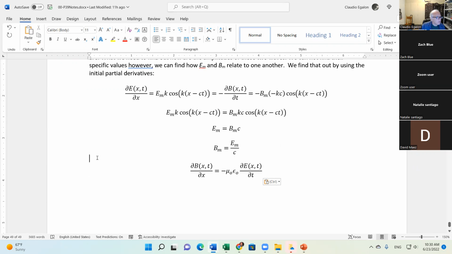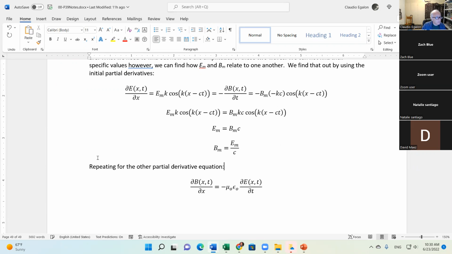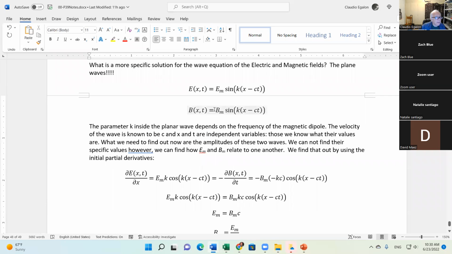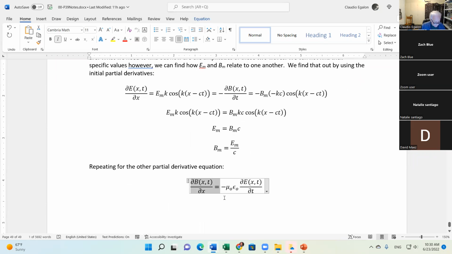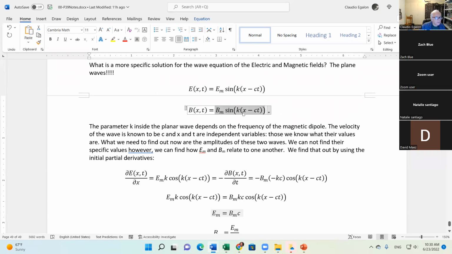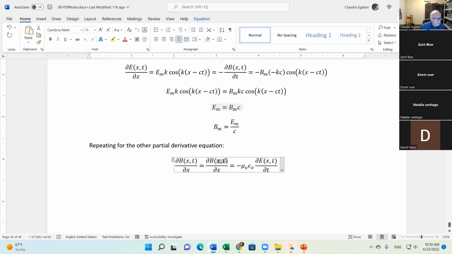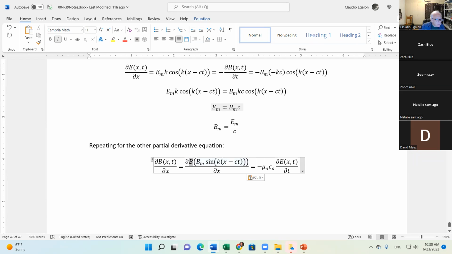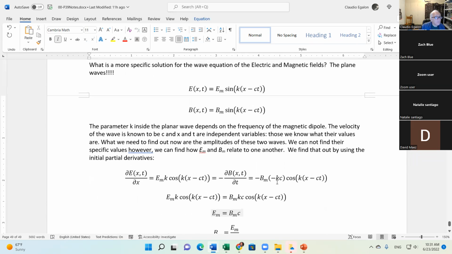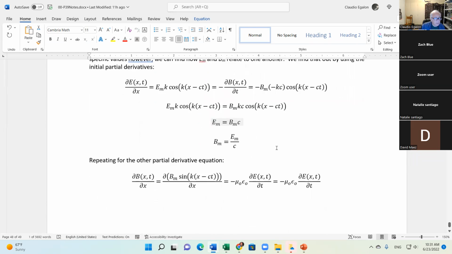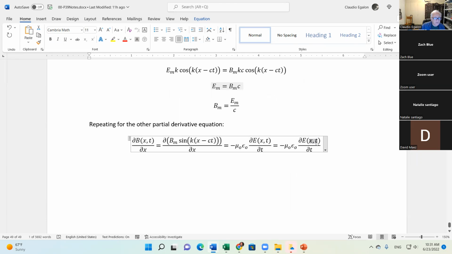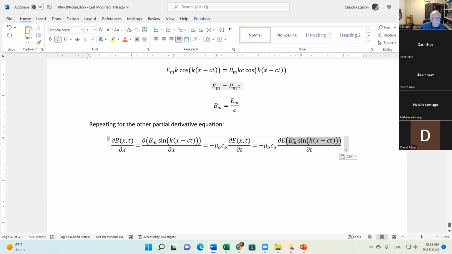Okay, here we go. Repeating for the other partial derivative equation, we get B. I'm going to put it inside, and then we do the E. They're supposed to result in the same equations, right?